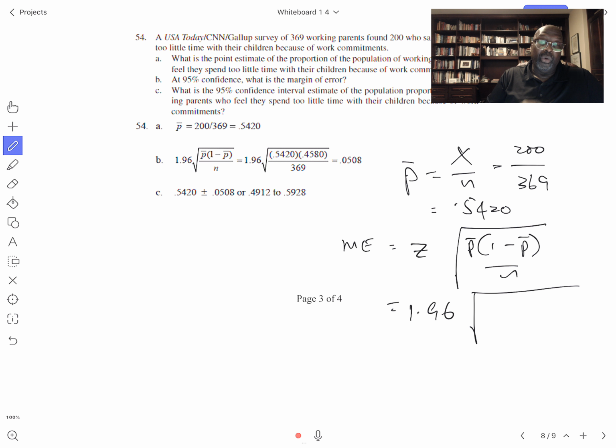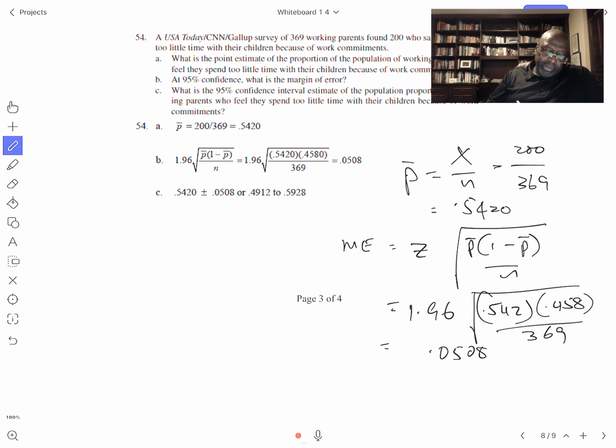And again, you could go and verify that. 0.542 times 0.458 over 369. And that turns out to be 0.0508.